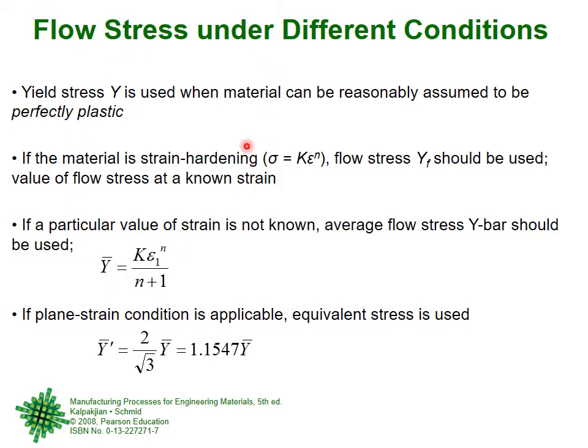And in any of these conditions, whether it is Y or YF or Y bar, if it is given that plane strain conditions are applicable, then use Y dash, YF dash, Y bar dash, whatever. So if it is YF, multiply by 2 by root 3. If it is Y bar, multiply by 2 by root 3, and so on, right? I kept telling you in the previous few slides about this Y dash and so on, where it is used, we will tell you.